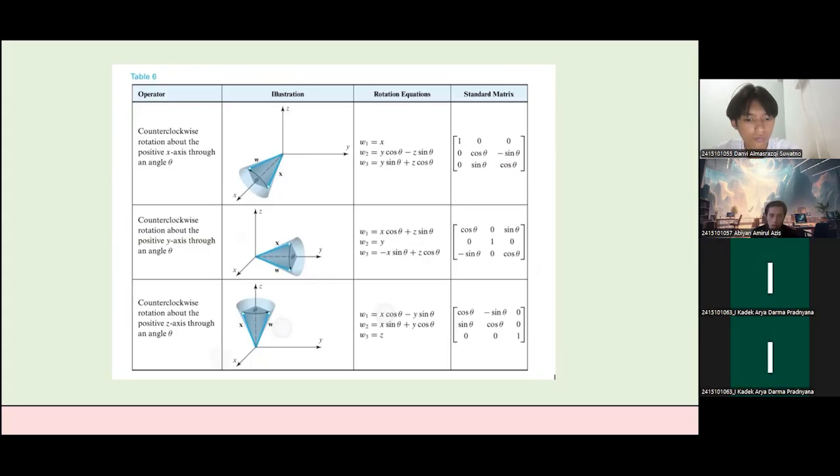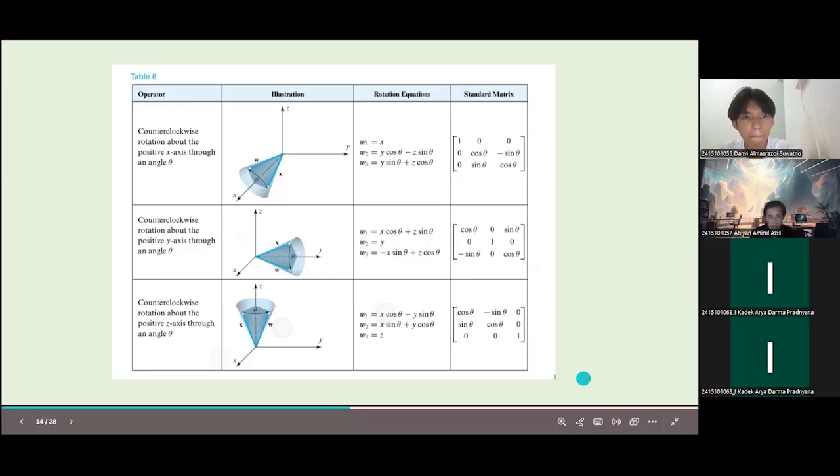W3 is Y sin theta plus Z cos theta. In the standard matrix form, we got 1 0 0, 0 cos theta minus sin theta, 0 sin theta and cos theta. Jadi sebuah benda dirotasikan terhadap sumbu X akan menghasilkan matriks yang seperti ini.